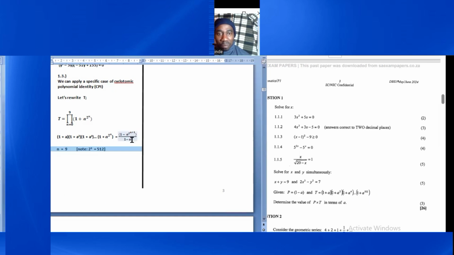So if we go back to this specific case of CPI, we can rewrite that T. It means that T will be equal to 1 minus a exponent 2 exponent 9 plus 1. Remember, you have n plus 1 here. Everything divided by 1 minus a.